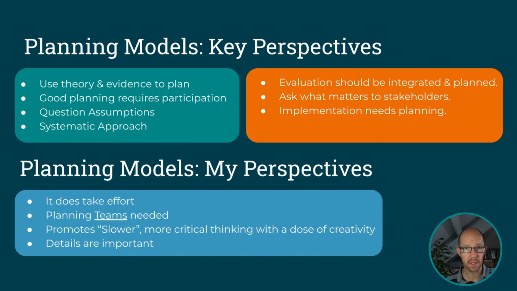One of the common themes that comes out from the models is about slowing down in the planning process. Critiques of intervention mapping in particular have said it slows things down too much and is problematic in the amount of time needed to lay the foundations for the actual delivery of the intervention.